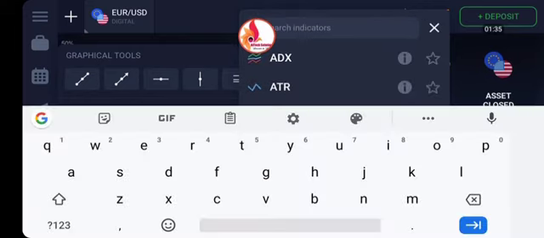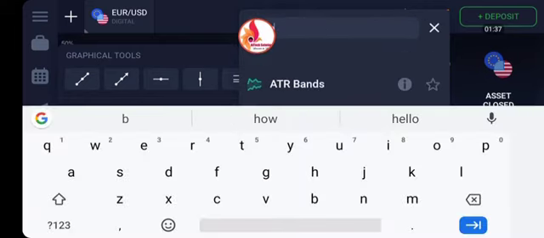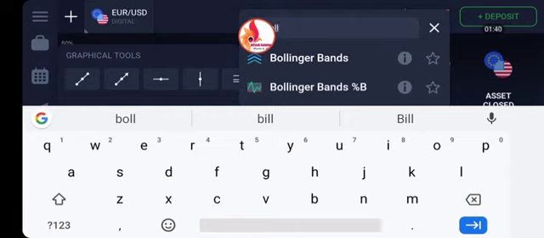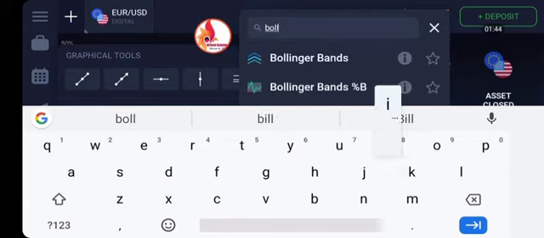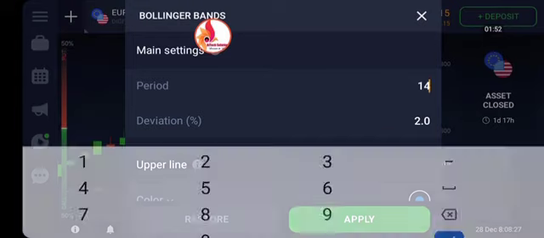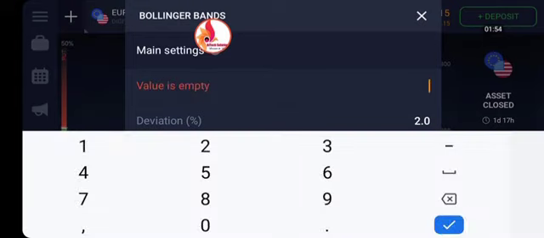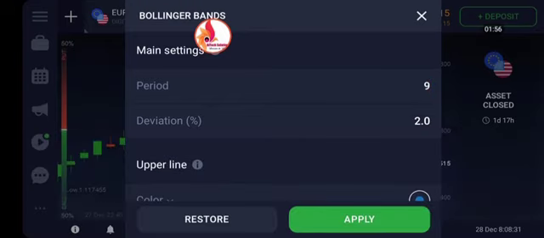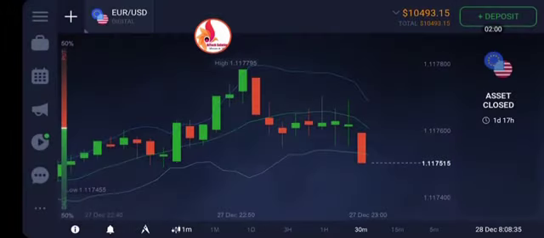So we add Bollinger Band. I'll select it. Please change the period to 9 instead of 14, to make it more flexible. Then apply.